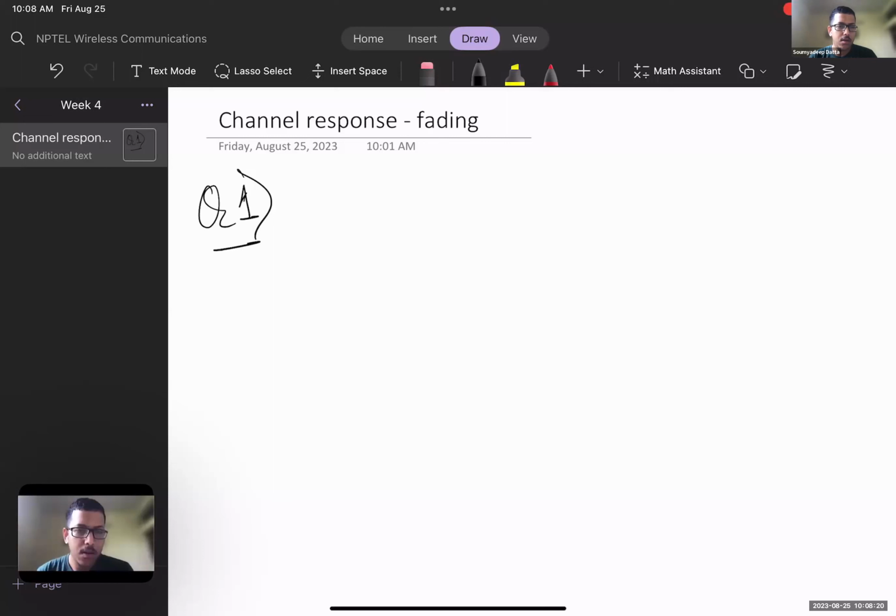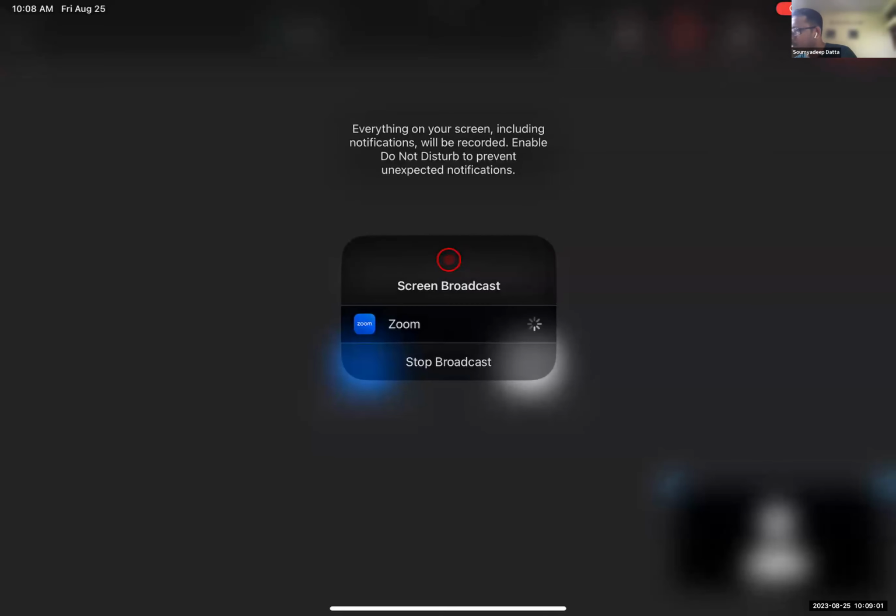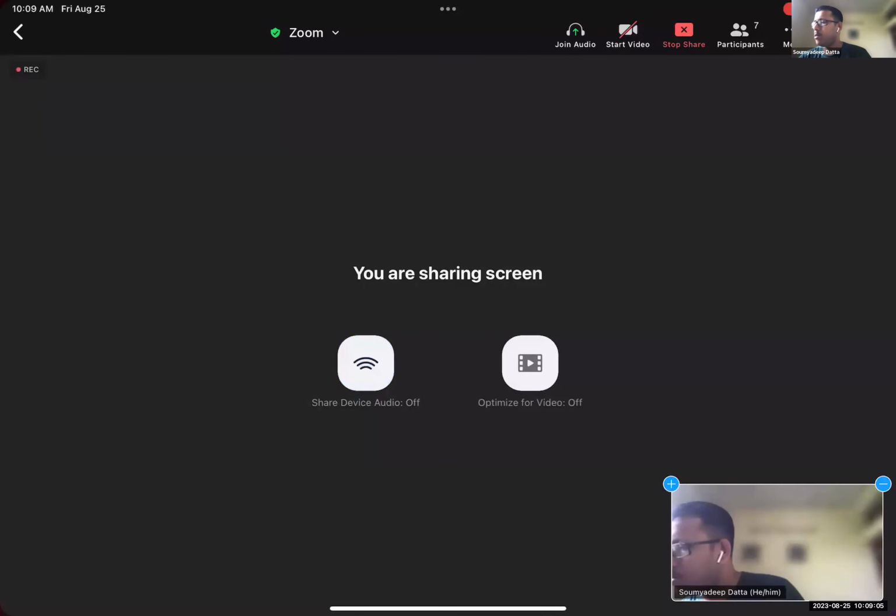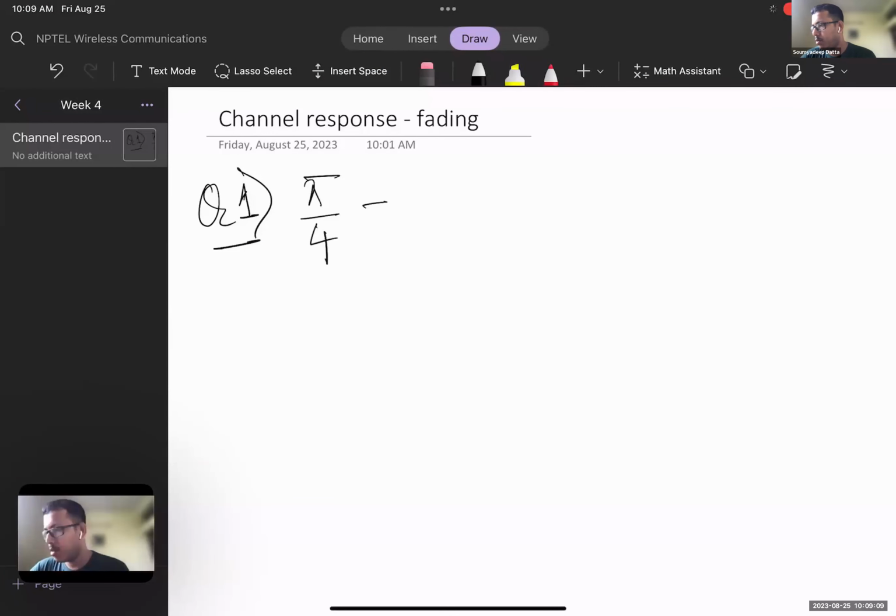Let me fix that. Okay, let's say you have a pi by 4 QPSK constellation, which must be known from digital communication. It looks somewhat like this.